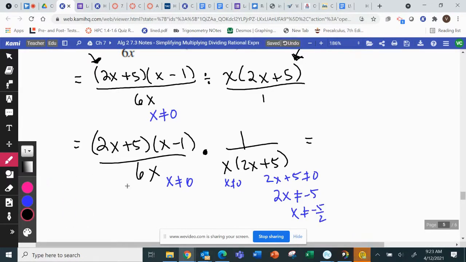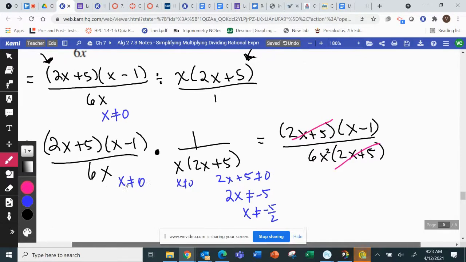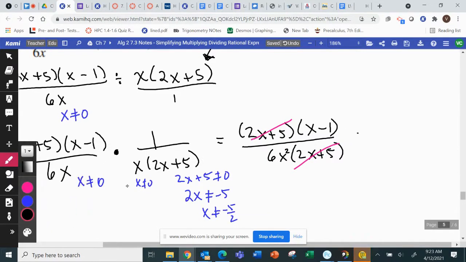So then we'll multiply straight across. 2x plus 5 over x minus 1 divided by 6x squared times 2x plus 5. So multiply it straight across. And now is where I'm going to cancel stuff. Those 2x plus 5s will cancel. And so I get x minus 1 over 6x squared.